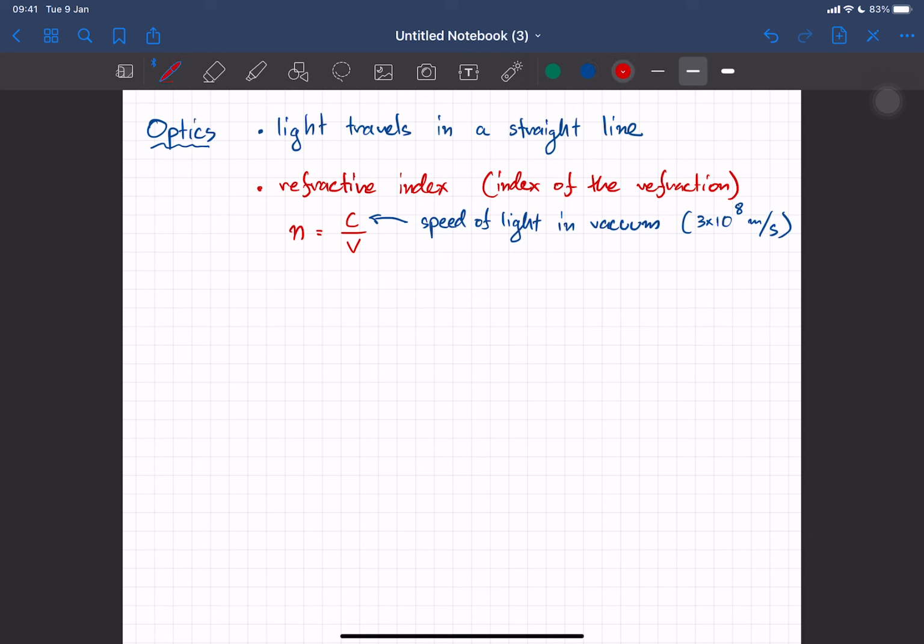And then v here is the speed of light in any medium.